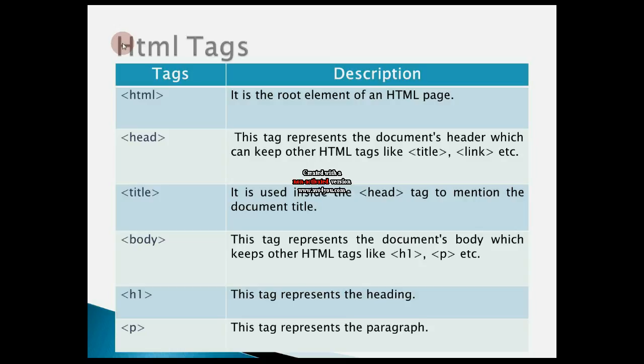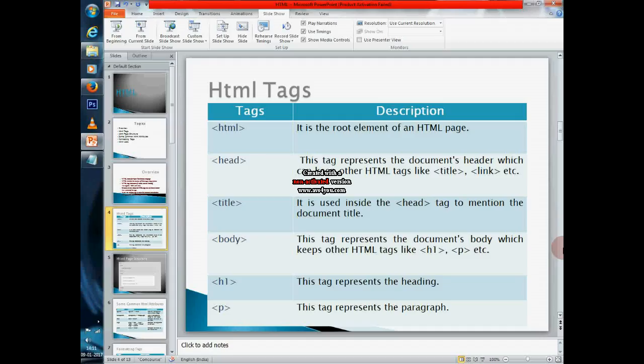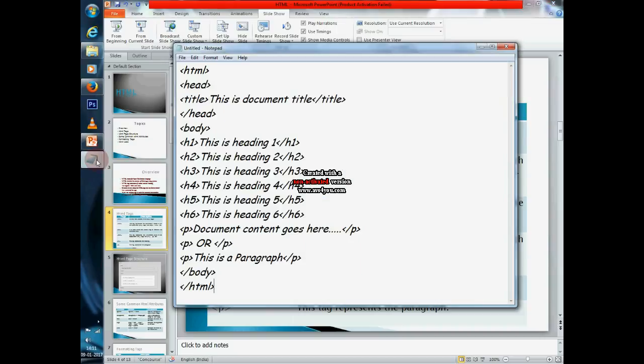Now look at one example, and you can also see how to write HTML markup documents. You don't need any special compiler or editor for HTML. You just need something simple like Notepad. So first open Notepad and type this code. Now save this document.